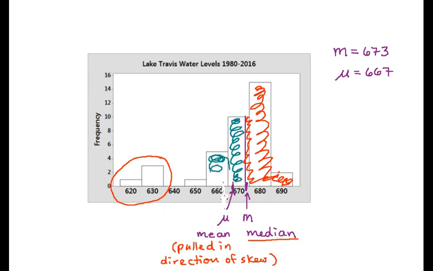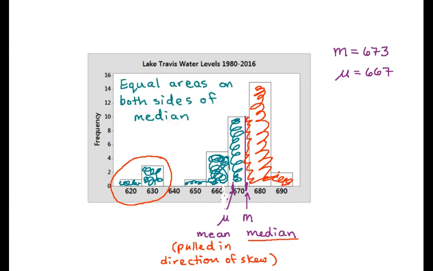The median is easiest to estimate from a histogram as being the point at which you have equal areas on both sides. It's not really easy to estimate those areas because they're generally pretty odd shapes, but we just keep tweaking it until we're convinced that those areas look approximately equal to each other.